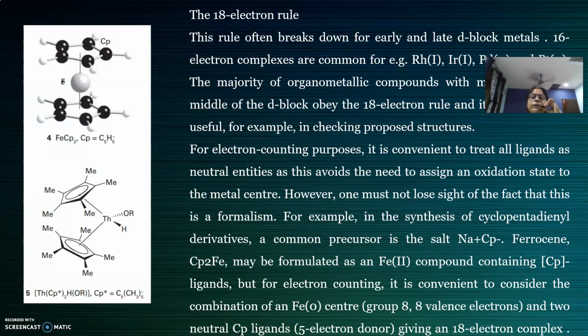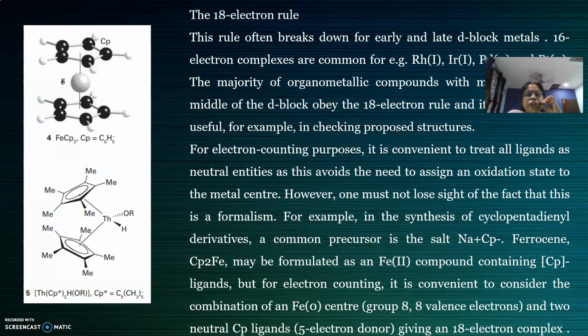D block elements are characterized by the electronic configuration (n-1)d1 to 10, ns1 to 2, and np0. This means they have a penultimate d orbital with some d electrons, a valence s orbital with 1 or 2 electrons, and an empty p orbital.